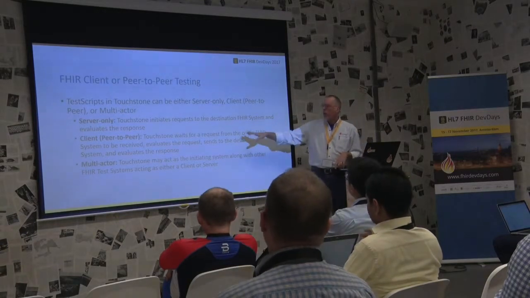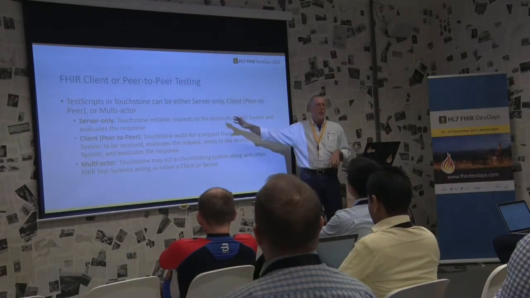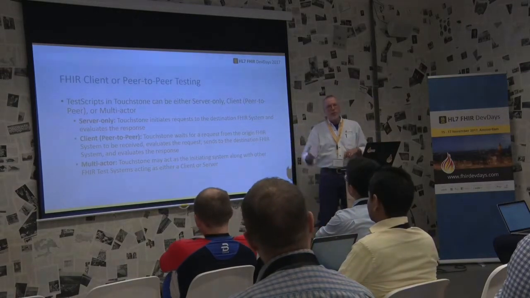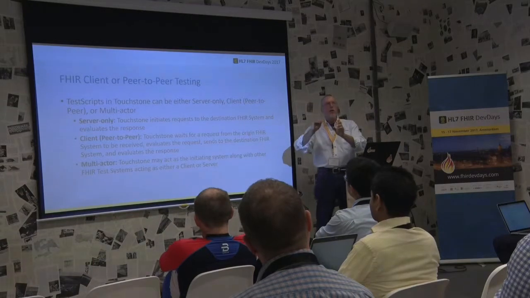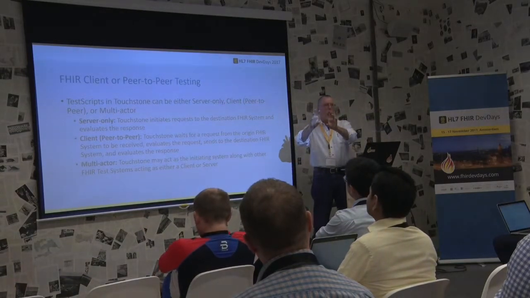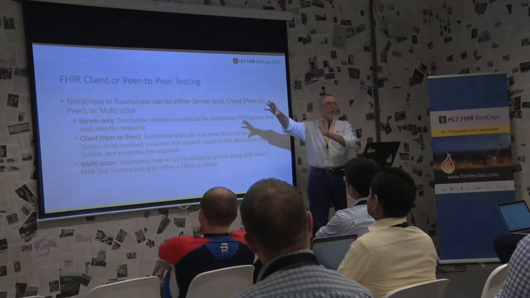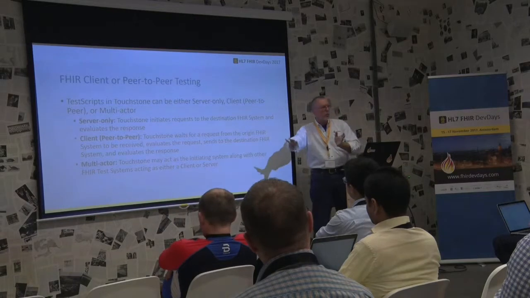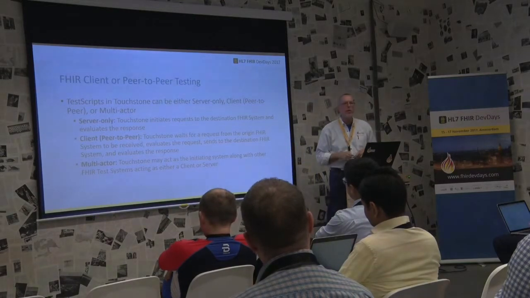So Touchstone can act as one of the actors. You could have external FHIR clients, and you can have FHIR servers. And so there's a mechanism in the test script for defining origins and destinations. You know, so the origin of this request is coming from FHIR Client 1 or 2, and the destination is going to be FHIR Server 3 or 4, whatever that might be.